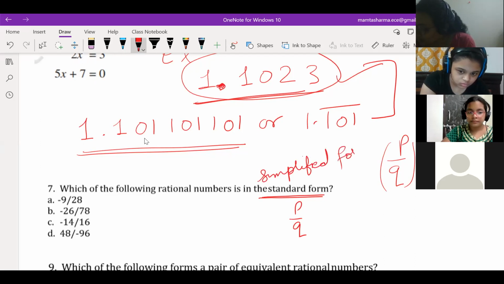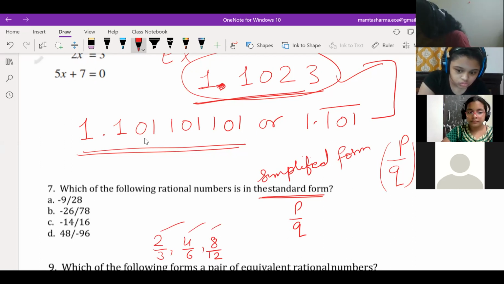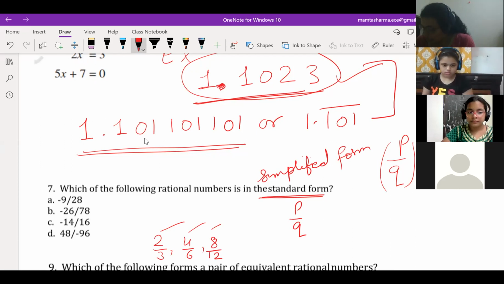Suppose I am taking 2 by 3, 4 by 6, 8 by 12. These are all equal rational numbers.